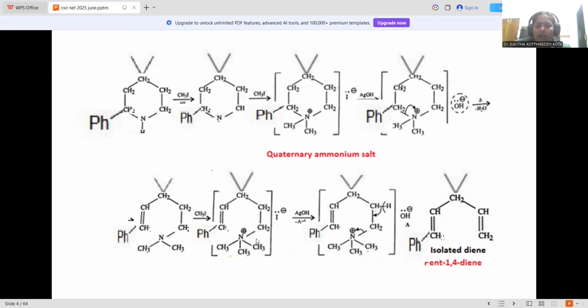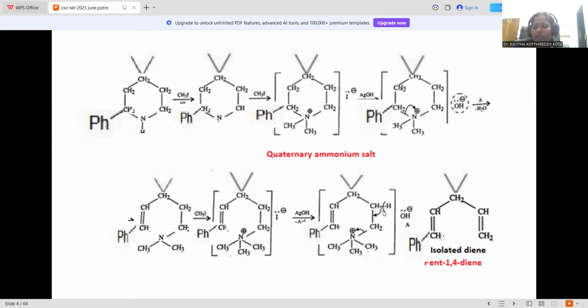Later on, you can go for methylation again by adding methyl iodide one more time, so that quaternization is carried out again. Whenever quaternization is carried out, again the cleavage takes place, exhaustive methylation, so heating is required in the presence of silver hydroxide, so that the bonded electrons are taken by the nitrogen atom through the heterolytic cleavage pathway, and the nitrogen is discarded as trimethylamine.